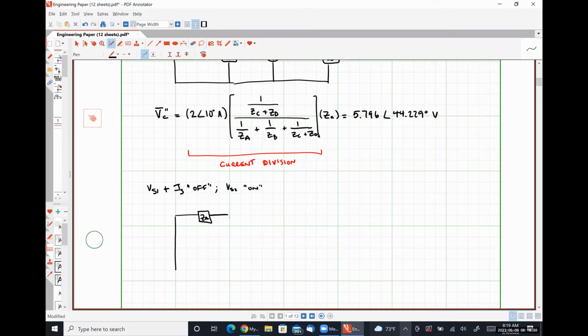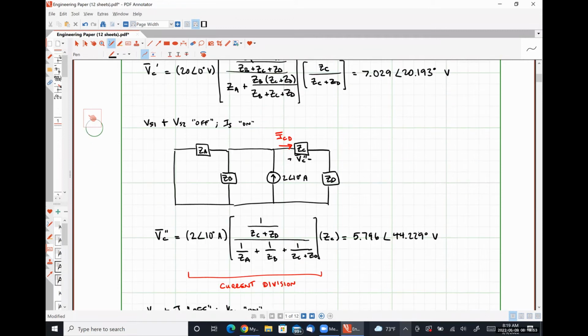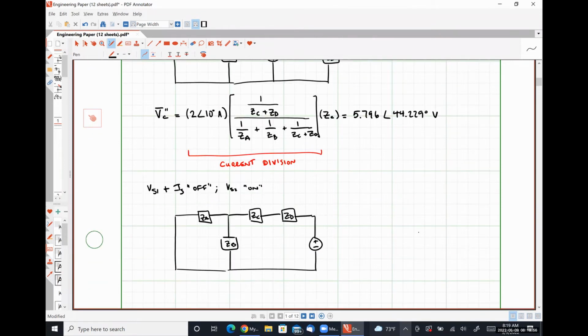Here's ZA, ZB, C, ZD, and then our voltage source VS2, whose numerical value I can't remember, 12 angle 45. And we are trying to find VC triple prime now.